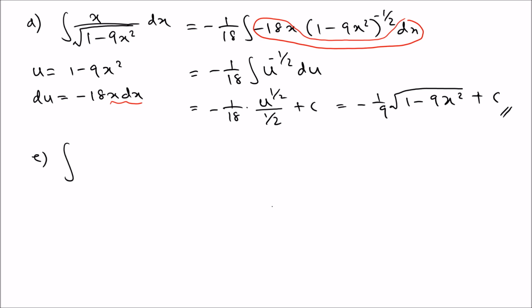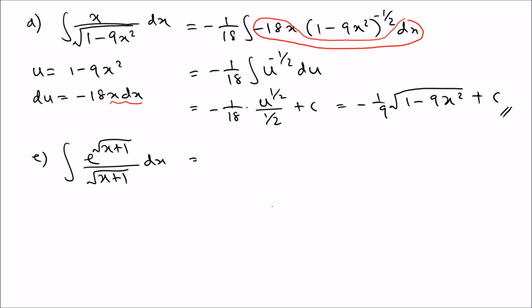How about this one? e to the square root of x plus 1, over the square root of x plus 1, dx. Again, if you think about it, when you take the derivative of the square root of x, it is 1 over 2 square root x. The 1 over 2 you can manage. But the function square root of x plus 1 is in the denominator, so that means that's the right choice.